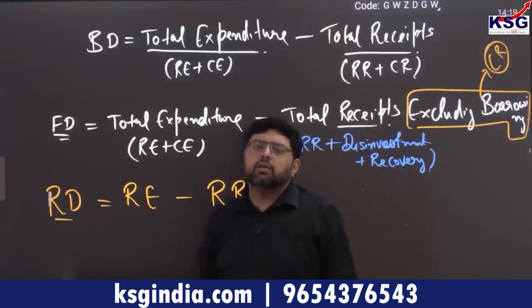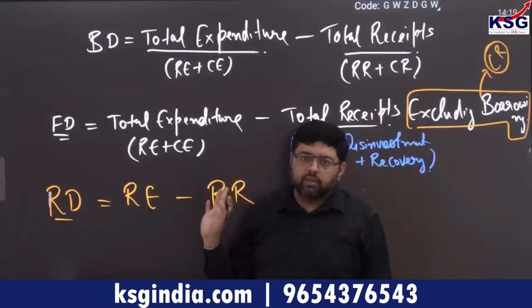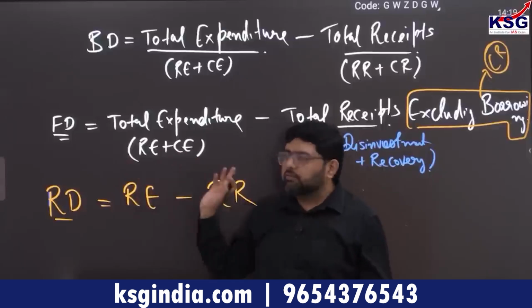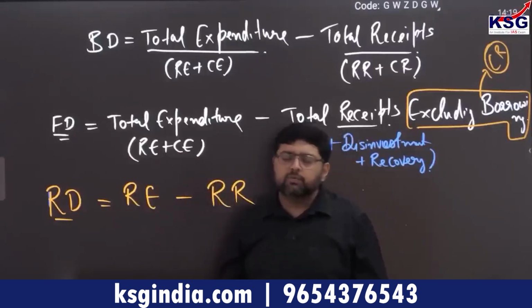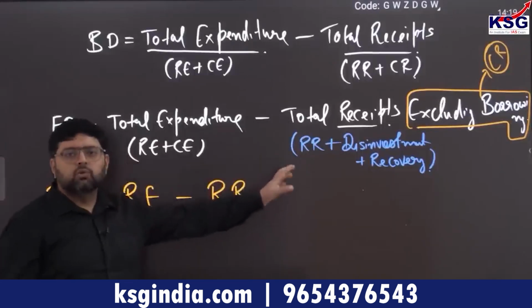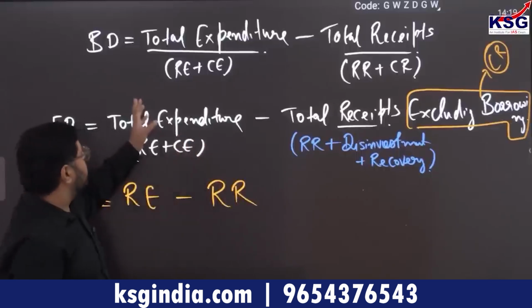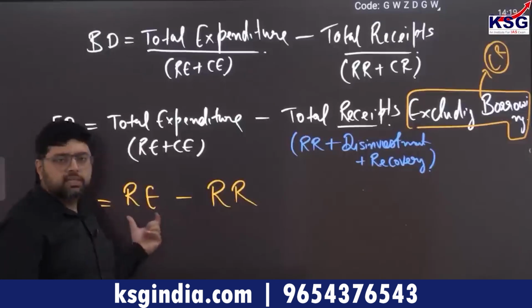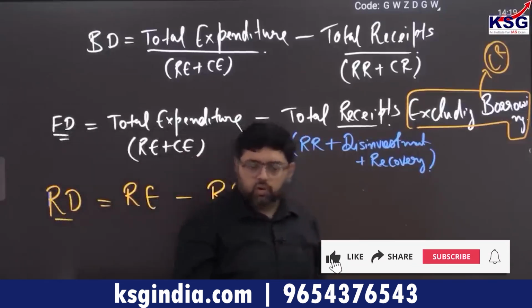Now one simple question they will ask in your exam is the formula. For example: fiscal deficit is the difference between total expenditure and total receipts, whereas total receipts exclude borrowing. Yes, it is correct. Or budget deficit is total expenditure minus total receipts. Revenue deficit is revenue expenditure minus revenue receipts. So this is what they are going to ask you, the formulas.